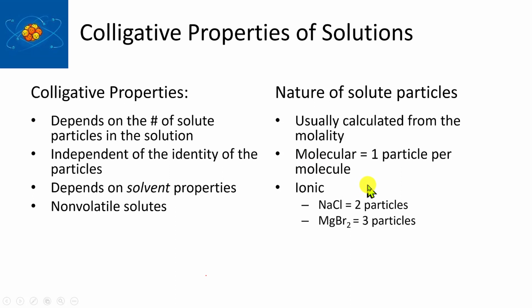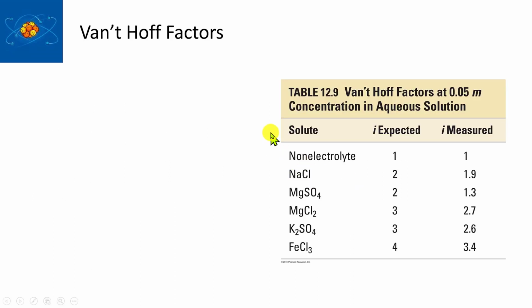As it turns out, how much of an effect ionic compounds can have has been tabulated, and they're called Van't Hoff factors, and they're usually done for relatively dilute solutions, and we just assume they apply roughly to the calculations that we're doing. So it says Van't Hoff factors at 0.05 molal concentrations of aqueous solution.